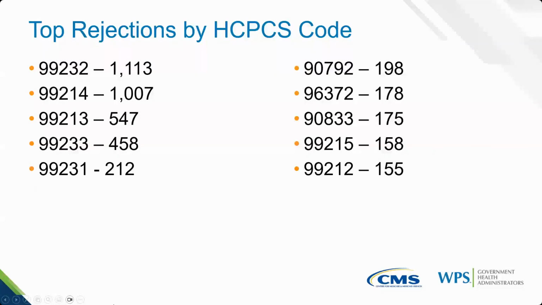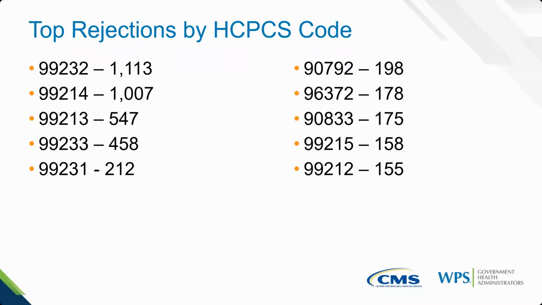That interactive tool that I talked about, that I use to pull this data, can also identify for us the top rejections and denials, not only by the reason code, but by HCPCS code. And I thought it would be interesting to show the top rejections by HCPCS code here.